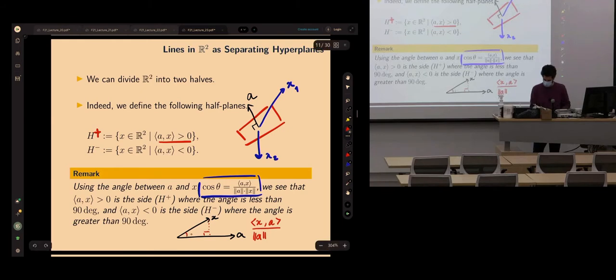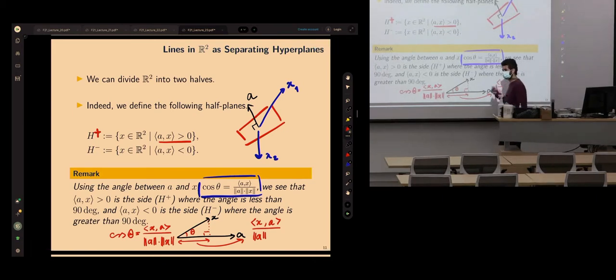Now you know from trig that the cosine of this angle is x inner product with A, divided by the norm of A, divided by the norm of x. So that's the formula for the angle.